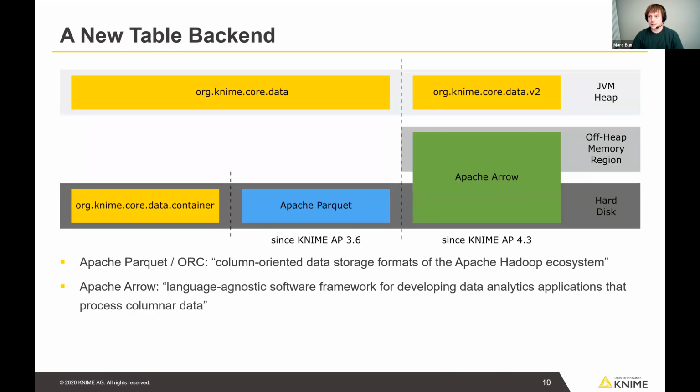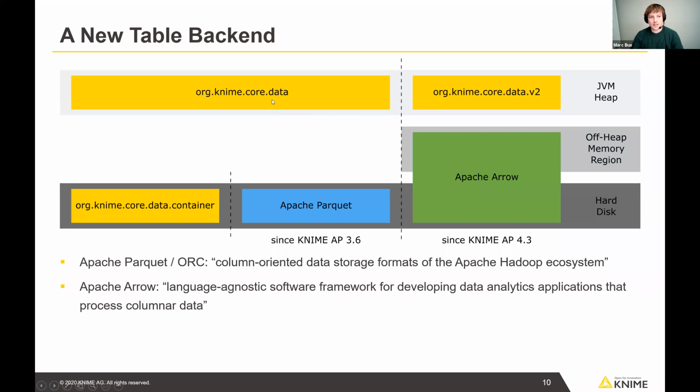So now with Knime 4.3, we are introducing a complete rewrite. And this graphic should really show you that it is a complete rewrite. Previously we had a package with subpackages called org Knime core data. And this is where pretty much all our data storage code would reside, in this package or around that package.